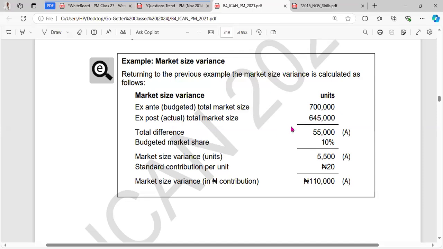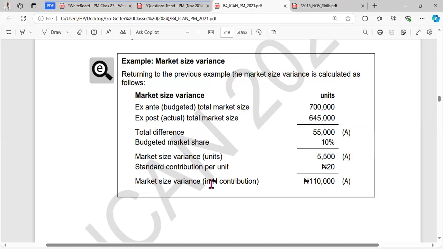There is a difference of 55 adverse. If the company says they are going to take 10% market share, it means they're having 5,500 adverse. Using the 20 naira contribution, the market size variance should be 110,000.